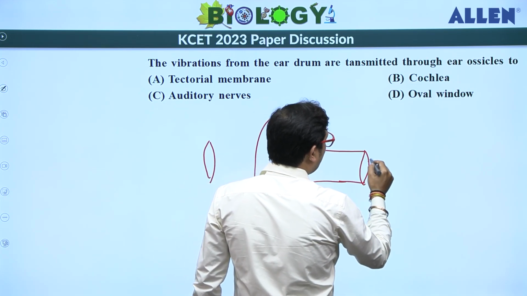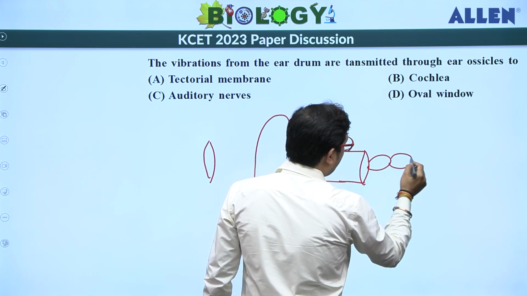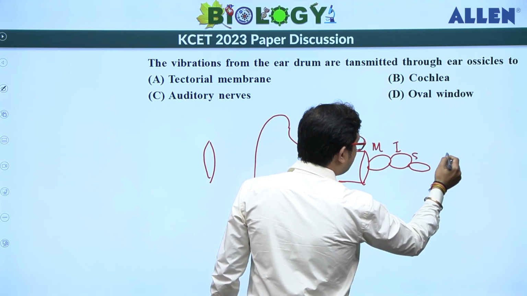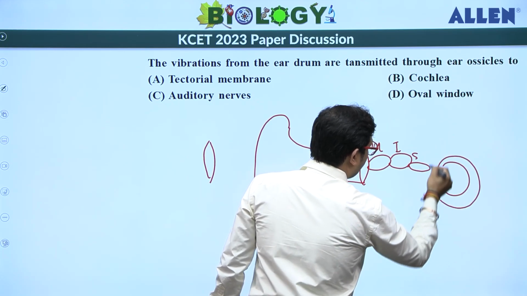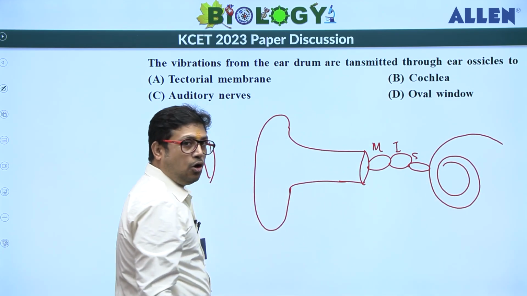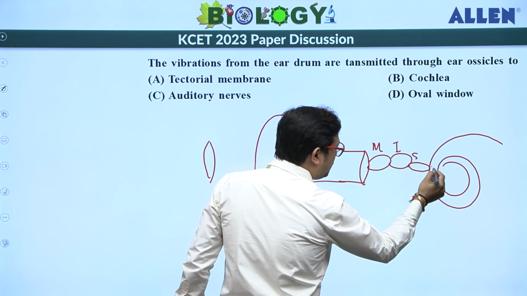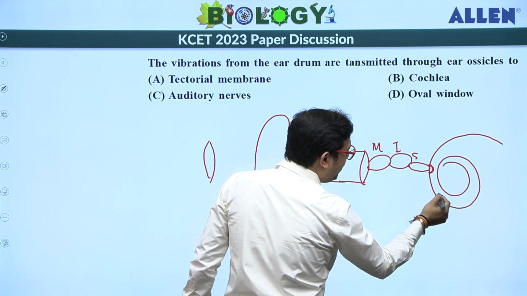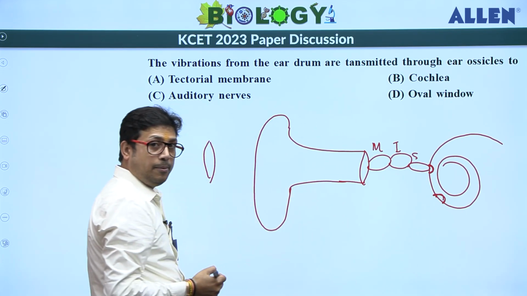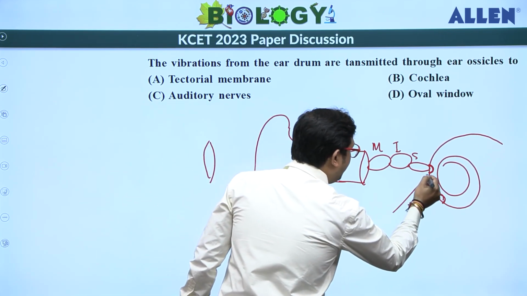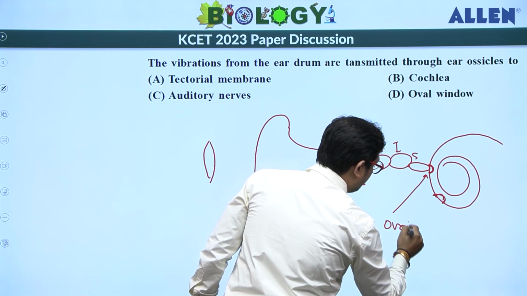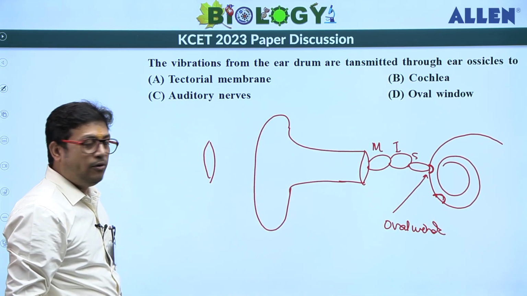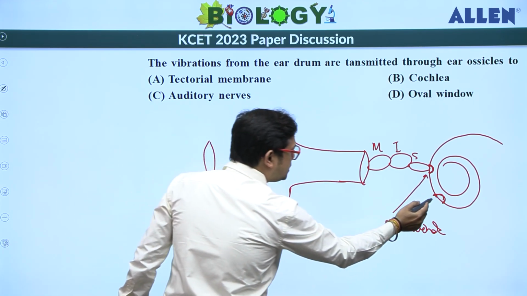Here the ear ossicles will be there, one ossicle here, one ossicle here: malleus, incus and stapes. Stapes is attached to the cochlear region. This is the oval window, fenestra ovalis, and here you will be having a round window, the fenestra rotunda.